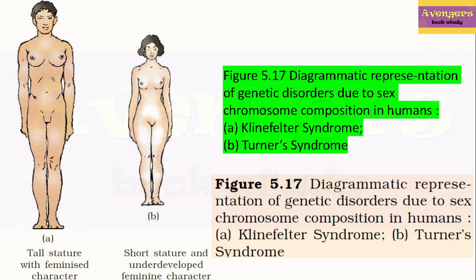Figure 5.17: Diagrammatic representation of genetic disorders due to sex chromosome composition in humans. A, Klinefelter syndrome. B, Turner's syndrome.